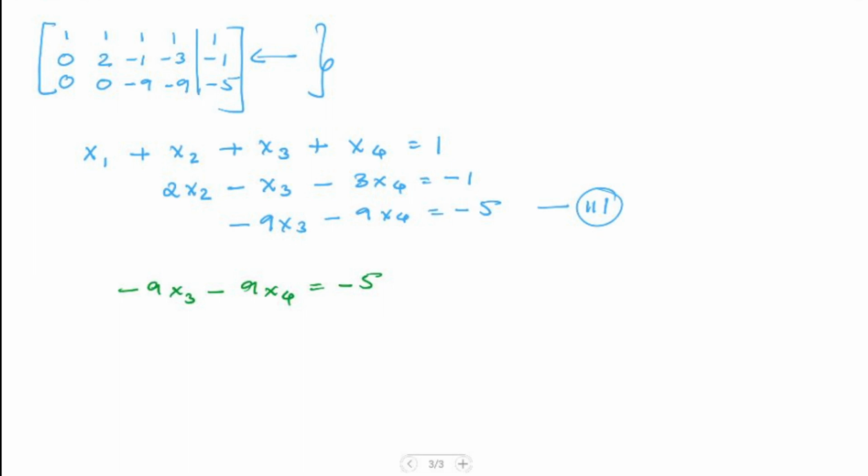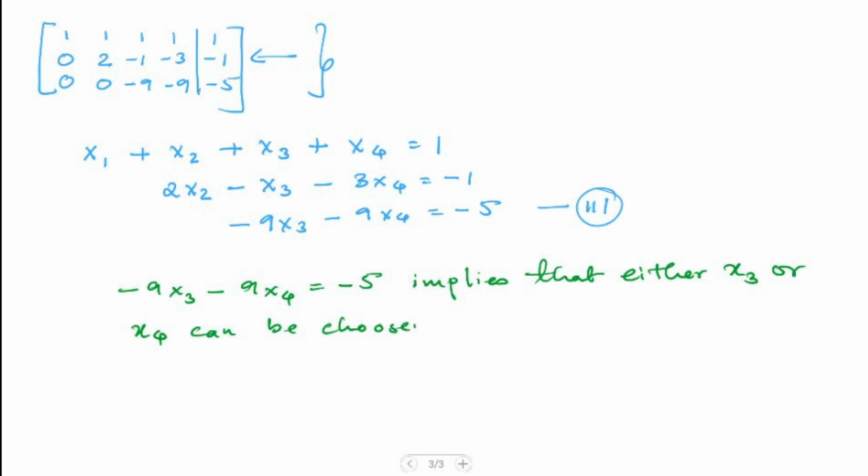This equation implies that either x3 or x4 can be chosen free.